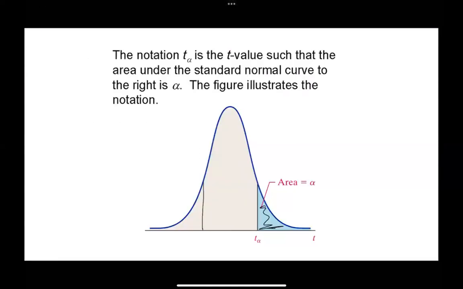So if I had both sides of it, then I would have T sub alpha divided by 2. Both of these would be divided by 2, and so each area would be half of that alpha. If we're dealing with the center percent, then we have alpha divided by 2. That makes sense. Okay.